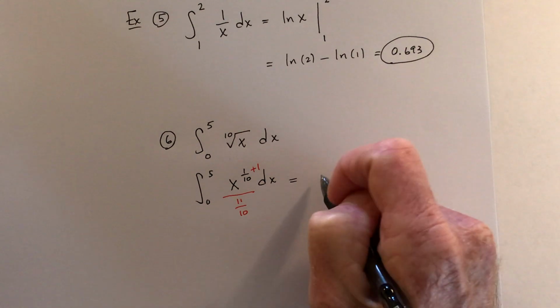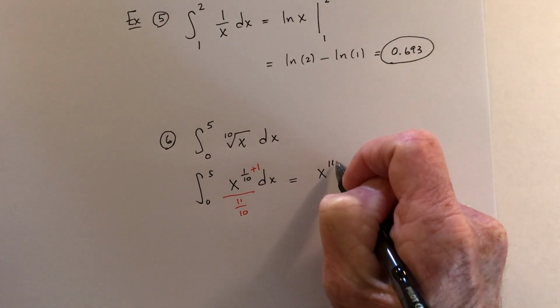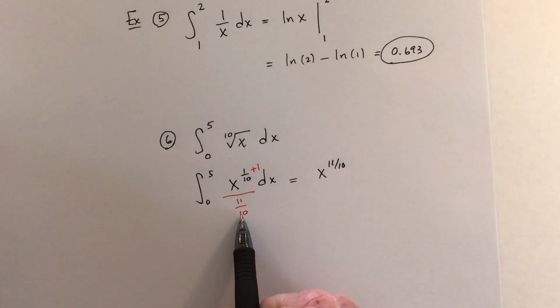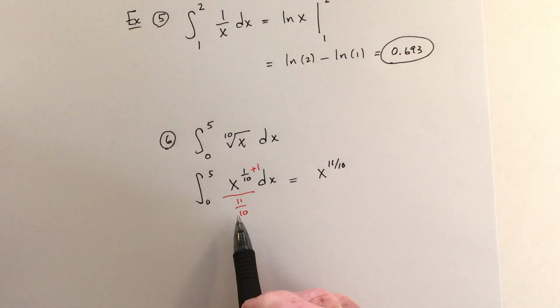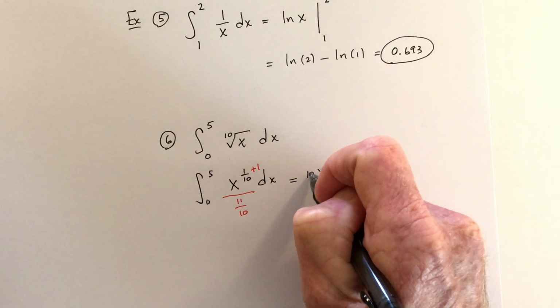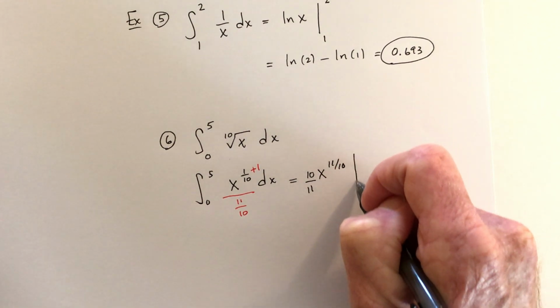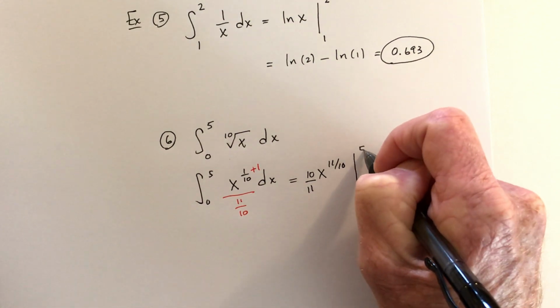So this is going to be x to the 11/10ths. And then when you divide by a fraction, you need to invert and multiply. So it's going to be times 10 over 11. And then evaluate from 0 to 5.